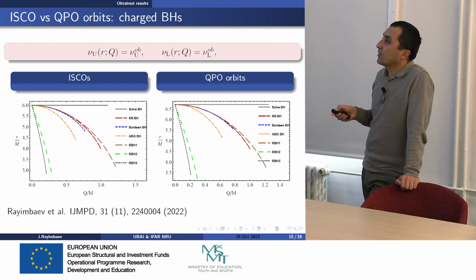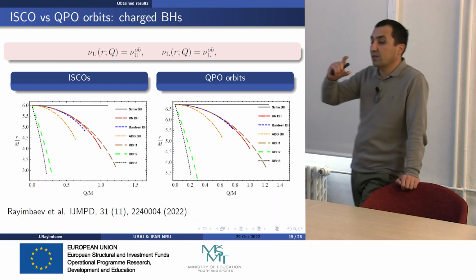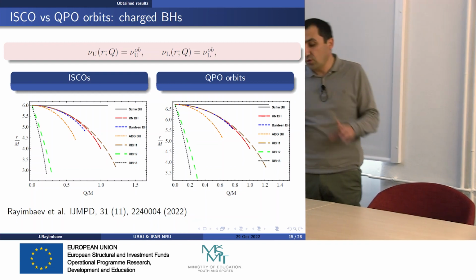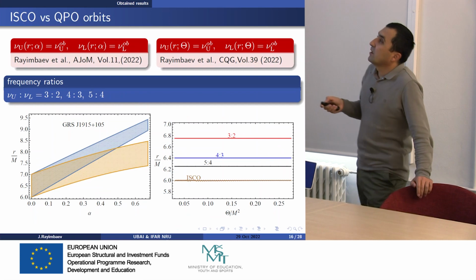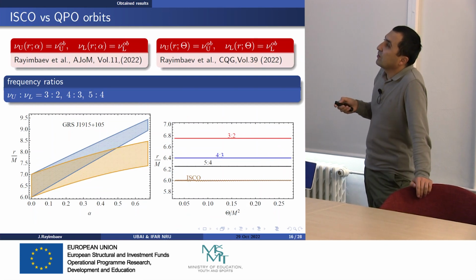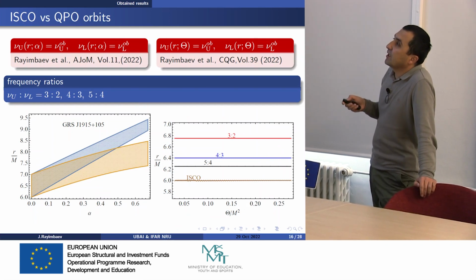At Q equal to 0, at the Schwarzschild limit, the ISCO is at 6m, and the QPO orbits at some 6.7. It means there is a distance between the ISCO and the QPO of 0.7m.